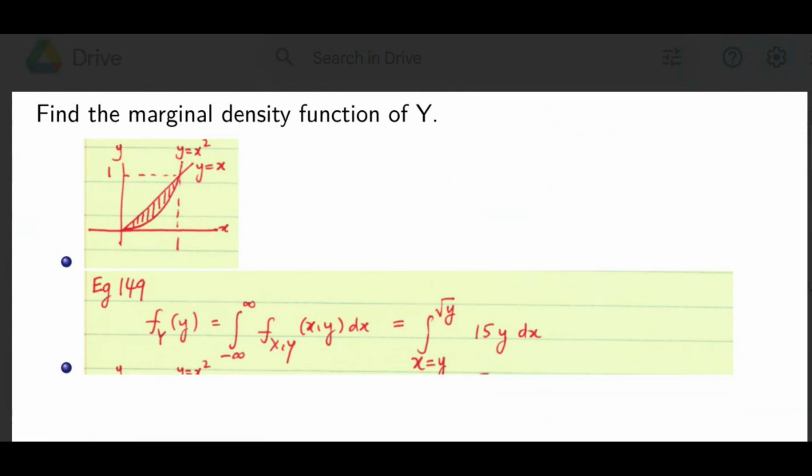This is true for which y? I know y is fixed, but which fixed y? For y's that are between 0 and 1. You know why? If I drew a line here, I fix my y here. Is there anything exciting happening? No, the density is 0. If I fix my y here, is there anything exciting happening?